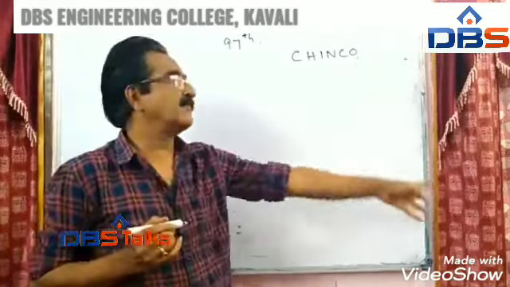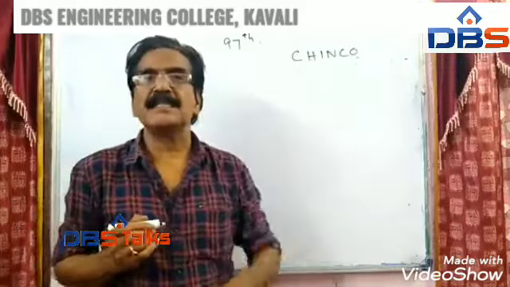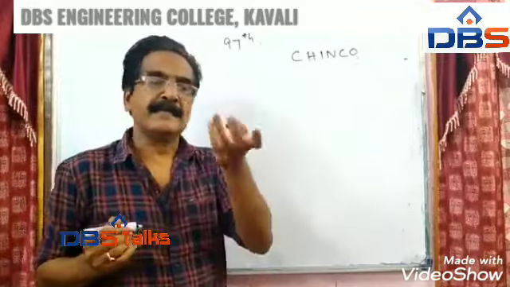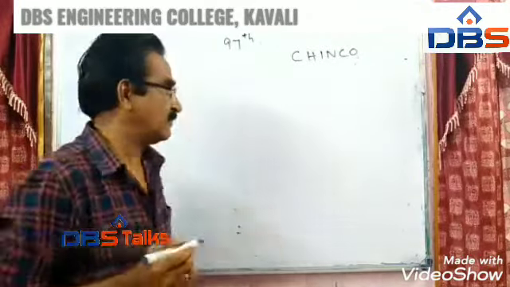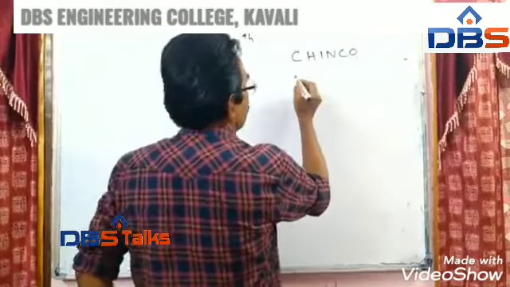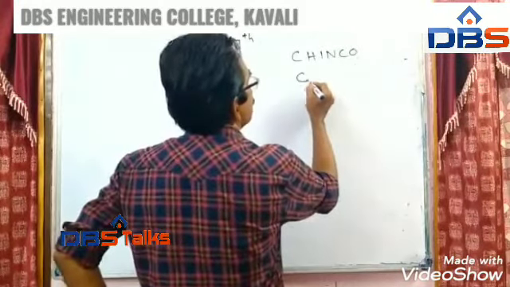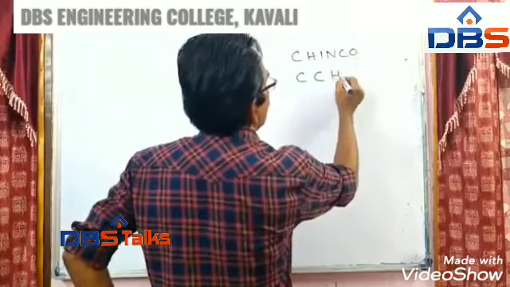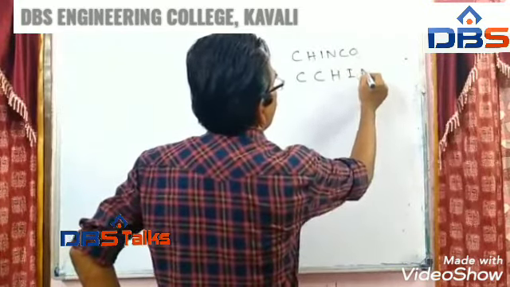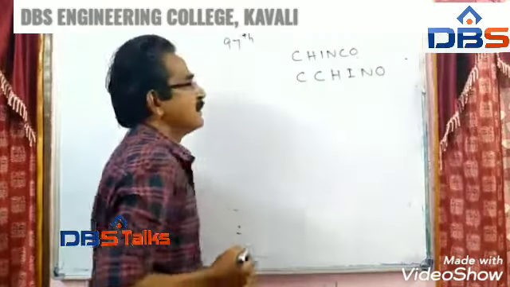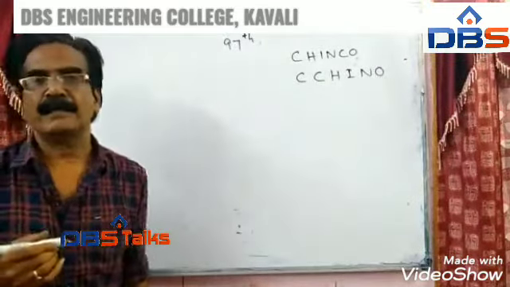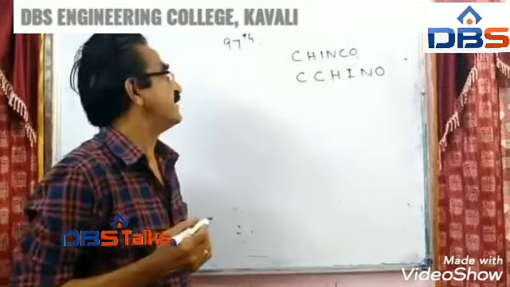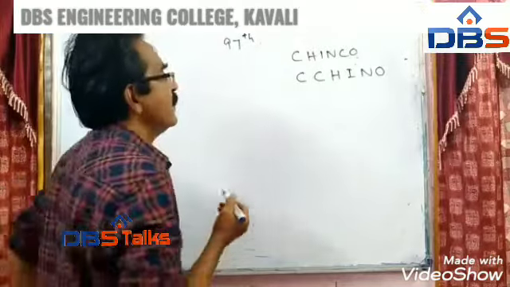If all the letters of the word CHINKO are permuted and arranged in dictionary order, what will be the 97th word? First you have to put them in alphabetical order: C, H, I, K, N, O. We want the 97th word.